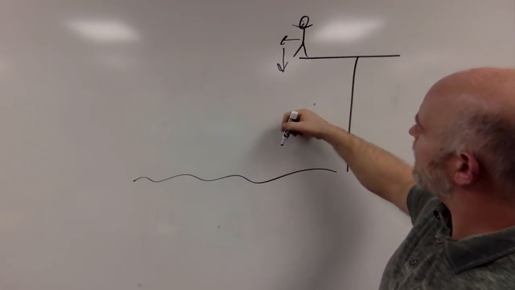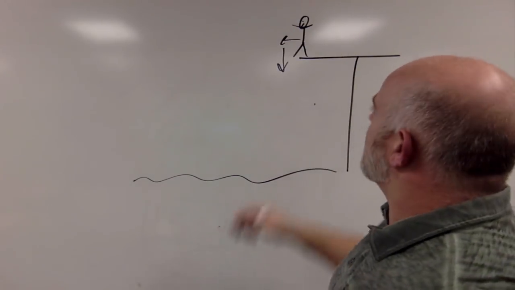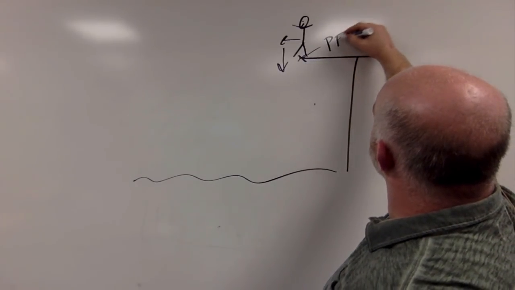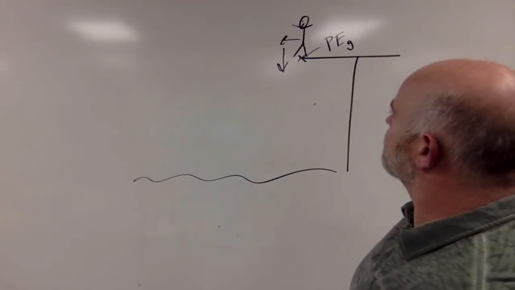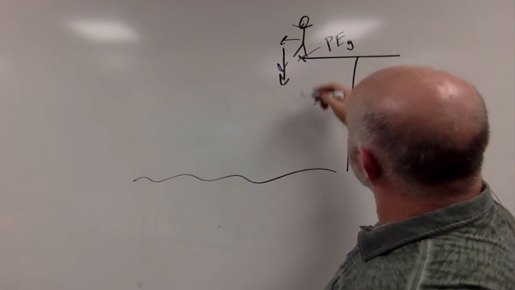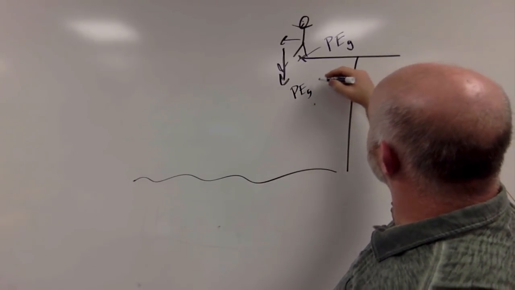As they fall down, let's talk about their energies, okay? At the very top, right here, all their energy is potential energy due to gravity, okay? That's all their energy. But as they fall, their potential energy due to gravity is going to decrease.